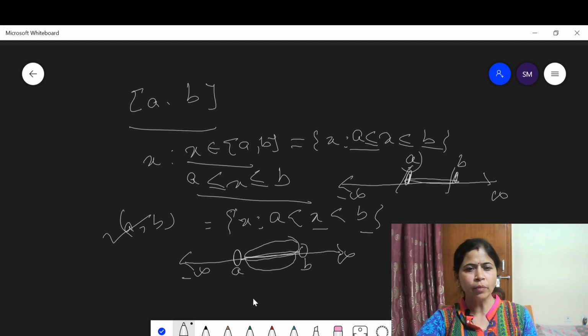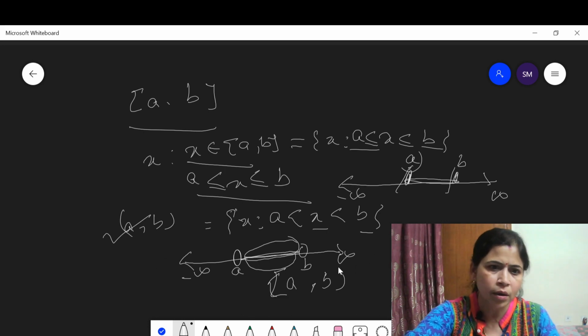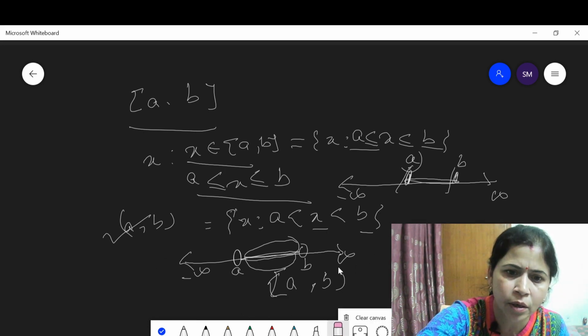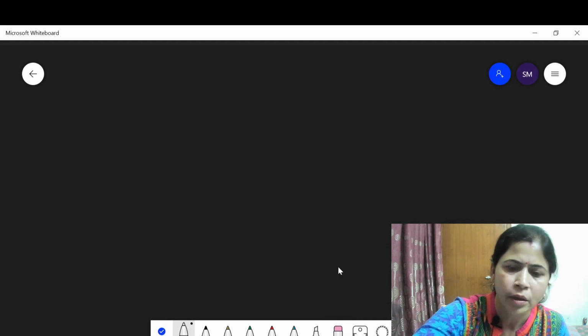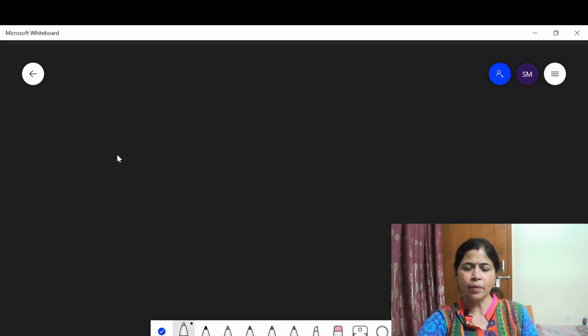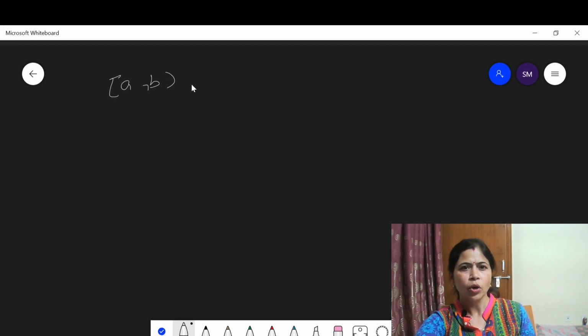Then what do we mean by a semi-open or semi-closed interval? Suppose [A, B) is a semi-open or semi-closed interval.